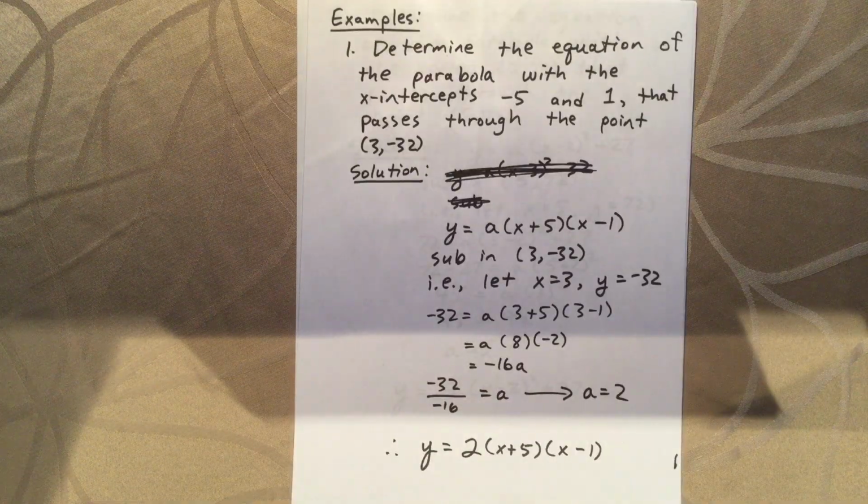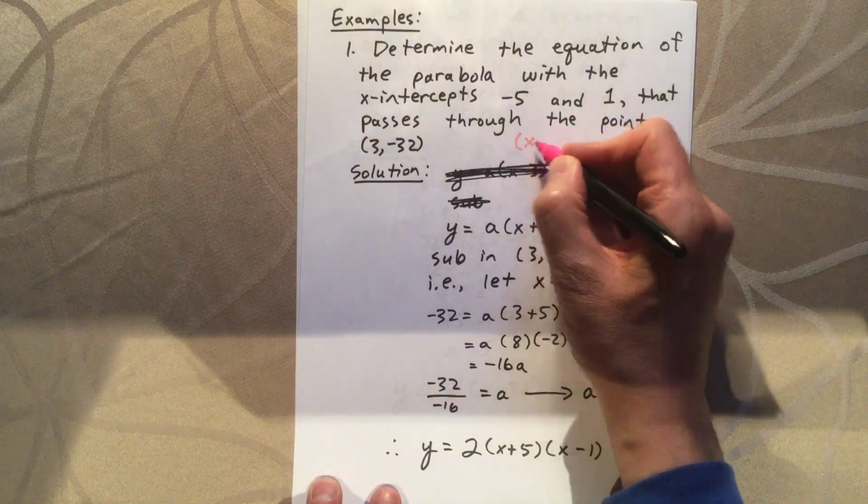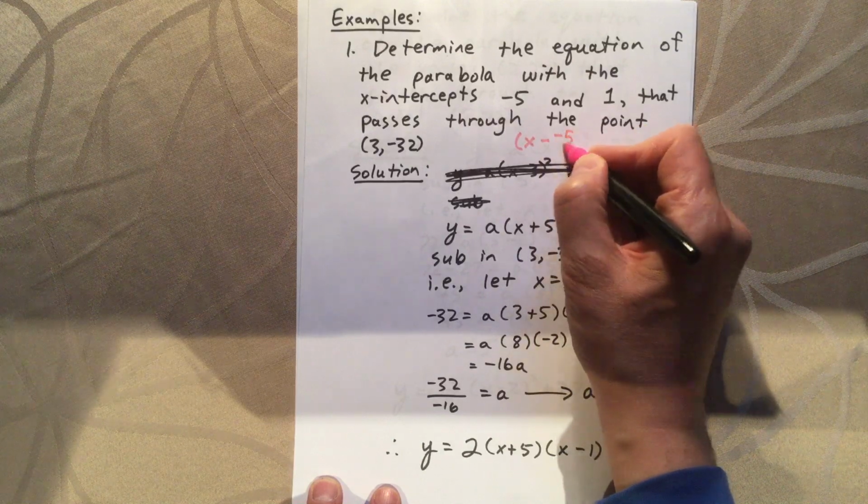Alright, so let's do this example. Determine the equation of a parabola with x-intercepts at -5 and 1 that passes through the point (3, -32). Now, if a parabola has an x-intercept at -5, then we know that one of the factors will be x minus -5.